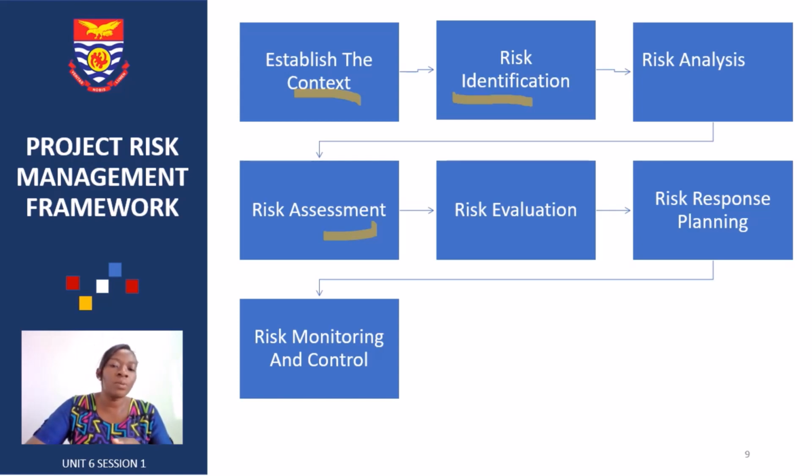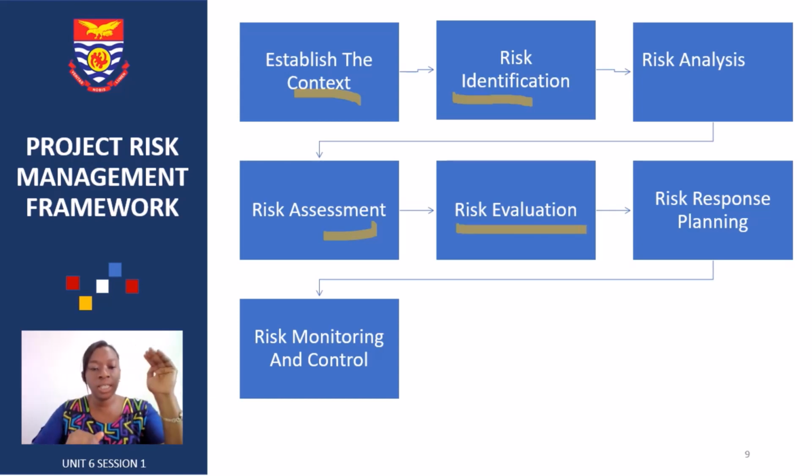Then you do the evaluation of the risk, which is higher, which is least. You can then do the evaluation and look at how to work with it. Then you can do the response planning. So just in case this thing happens, how do you solve it, or how do you go around it? We need to be proactive, but we also need to be reactive.